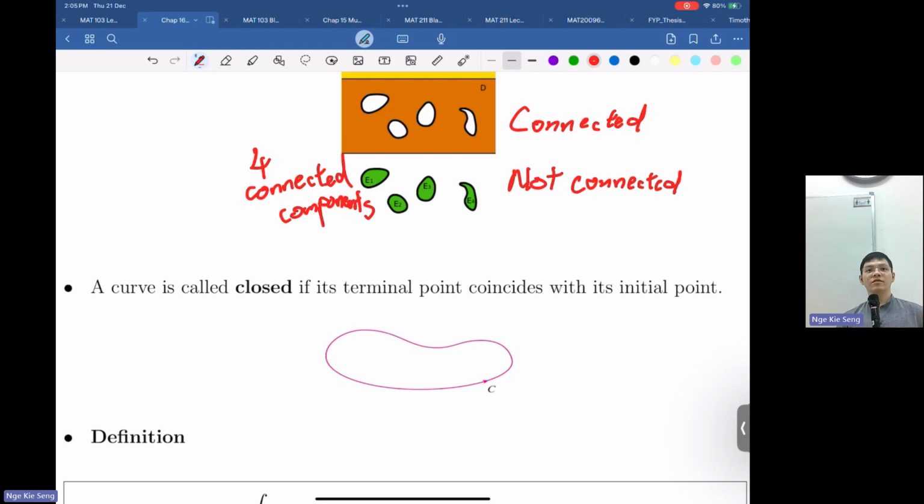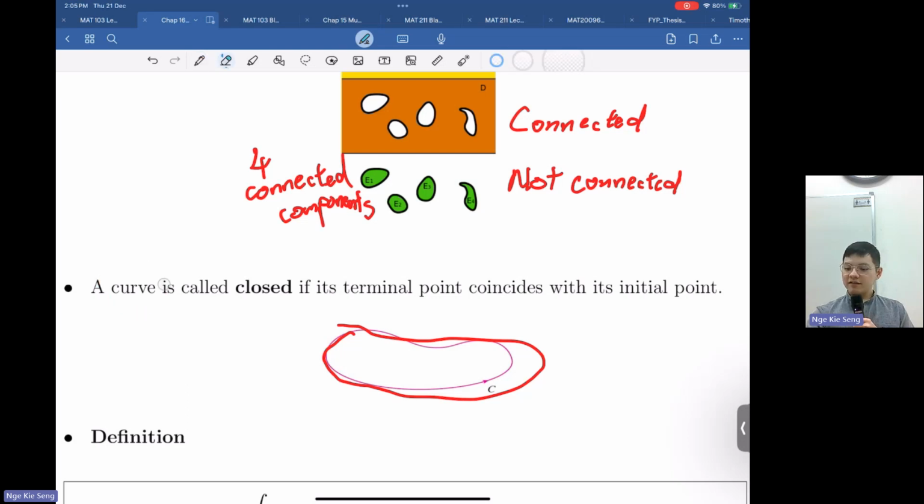What's closed in the definition I gave last time? A set is closed if it is the complement of an open set. So since this curve is closed, and a curve is a set of points, is this curve the complement of some open set or not?